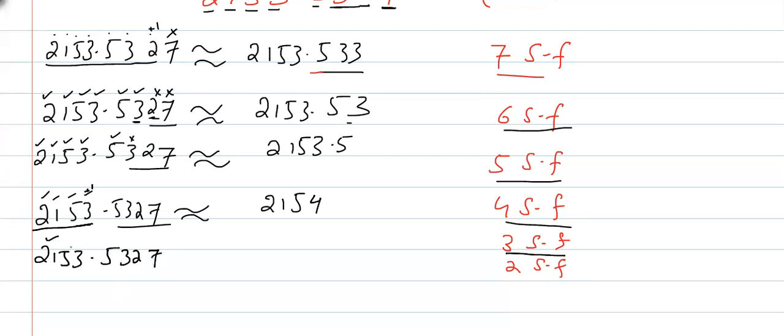First significant, second significant, third significant. I can write 215. But the problem is if I don't write the whole part, because this is the whole part, this is the decimal part. If I don't write this 3, I will be left with only 215, which will be a huge difference, because when we round, it should not make a big difference.